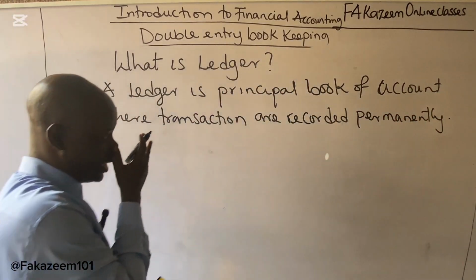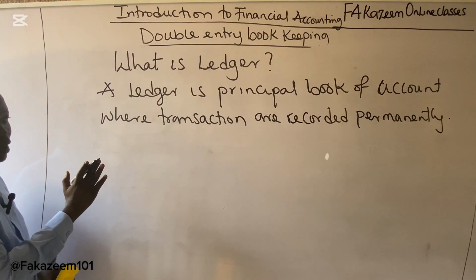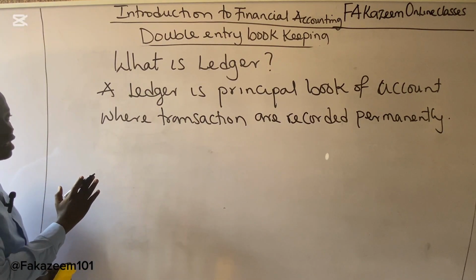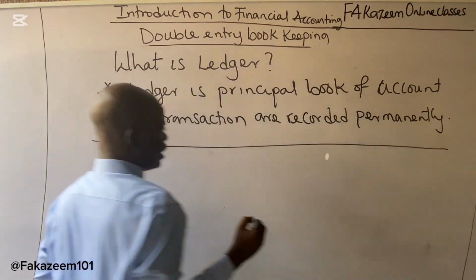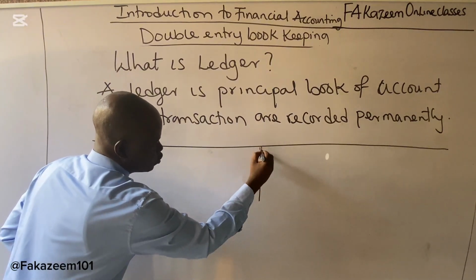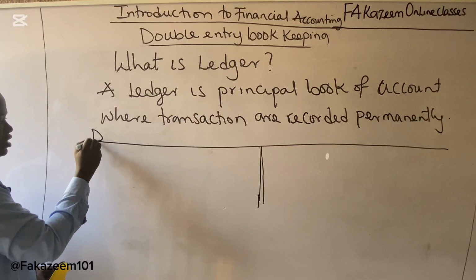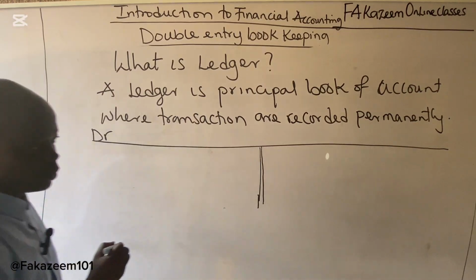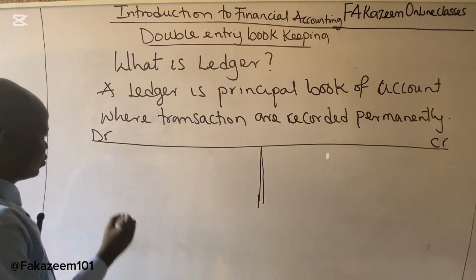Now, this ledger we are talking about, we use it to record transactions permanently. And how does a ledger look like? In practice, a ledger is divided into two folds. It has debit, DR, and credit, CR.